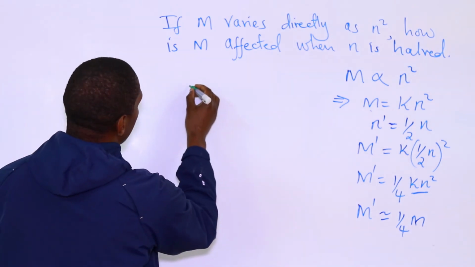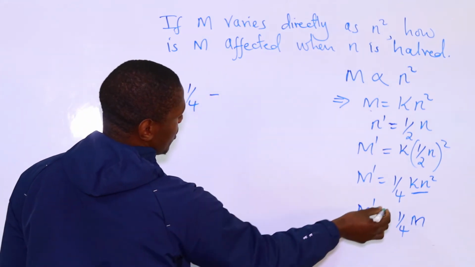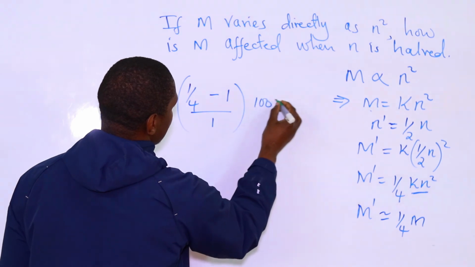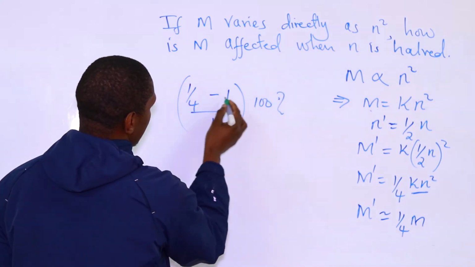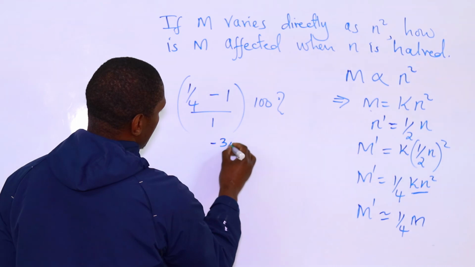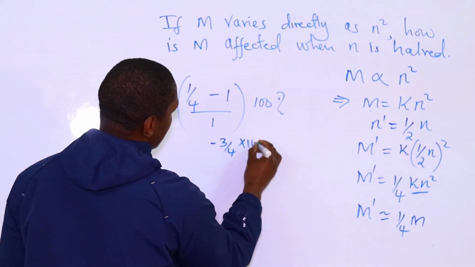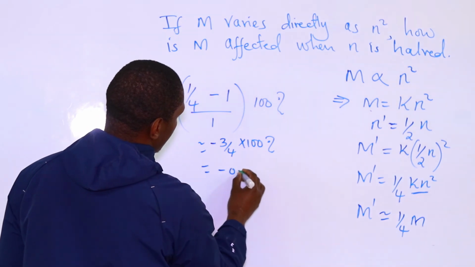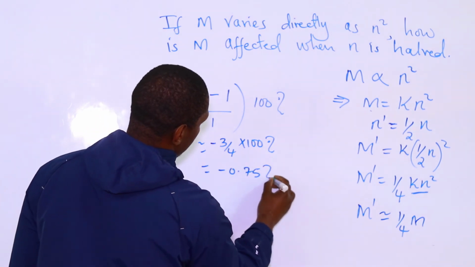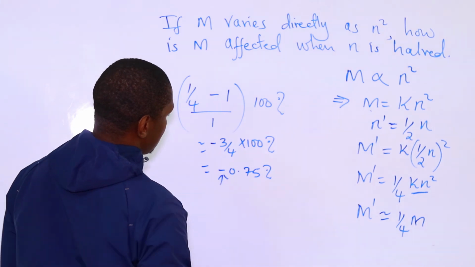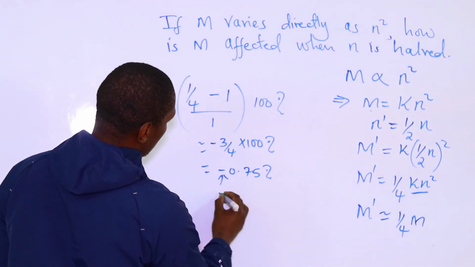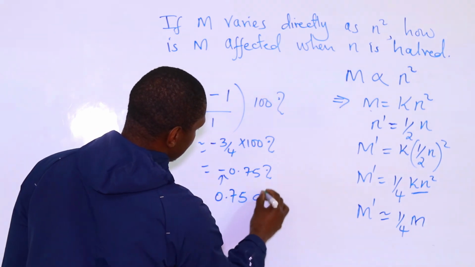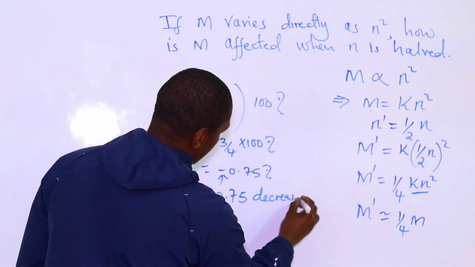So that will be a quarter minus the original m, which is 1, divided by 1, multiplied by 100%. So a quarter minus 1, that is negative 3 over 4, multiplied by 100%. This will give us negative 75%. This negative means that it is a decrease. So our new m prime is a 75% decrease from the original.